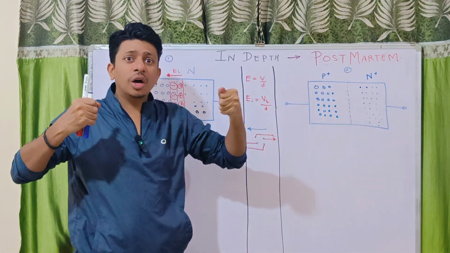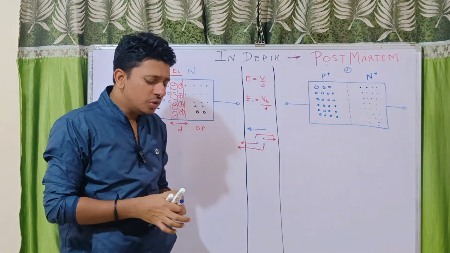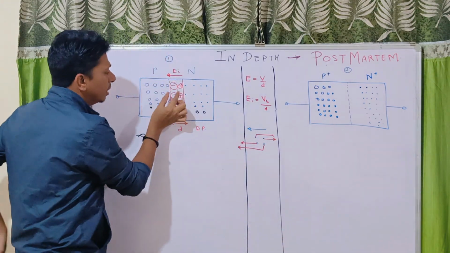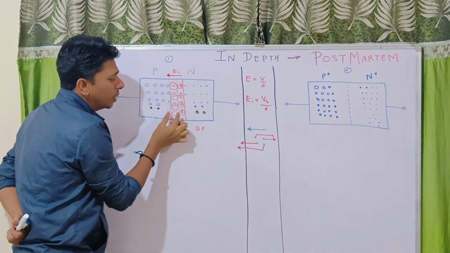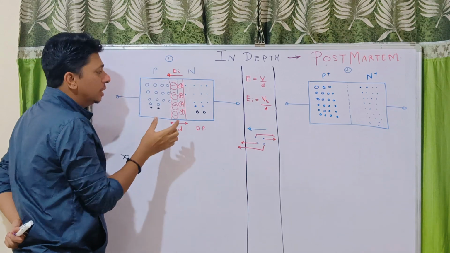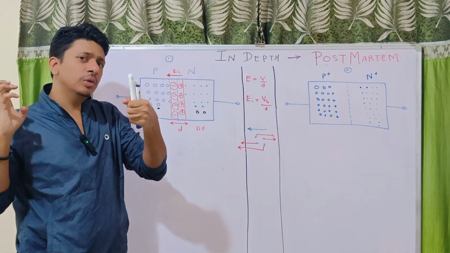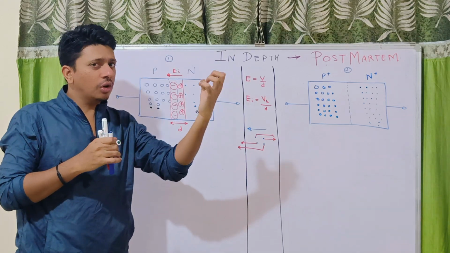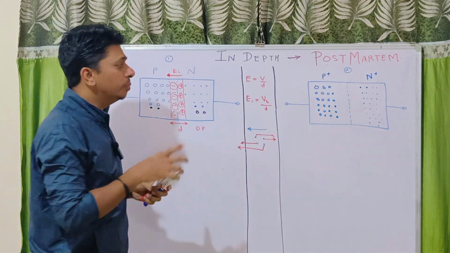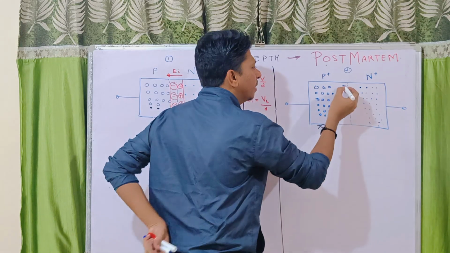And because of this, what will happen? Whatever ions are present over there, first of all they will get squeezed due to the pressure from the holes this side and the large number of electrons from this side. So because of this, what will happen?